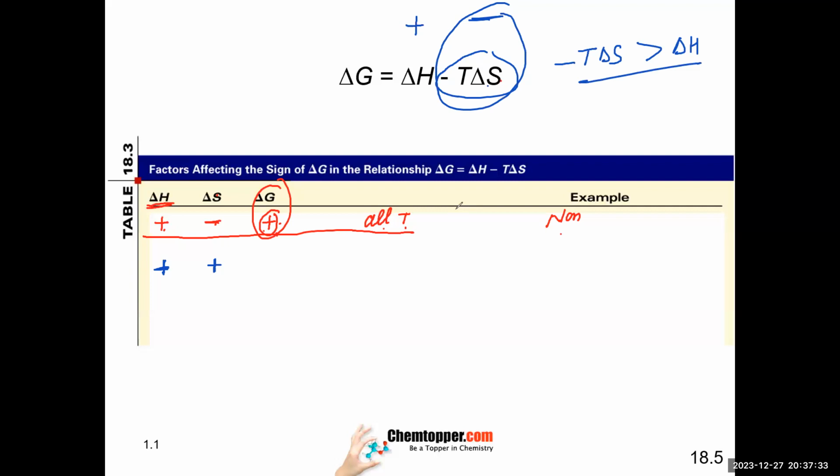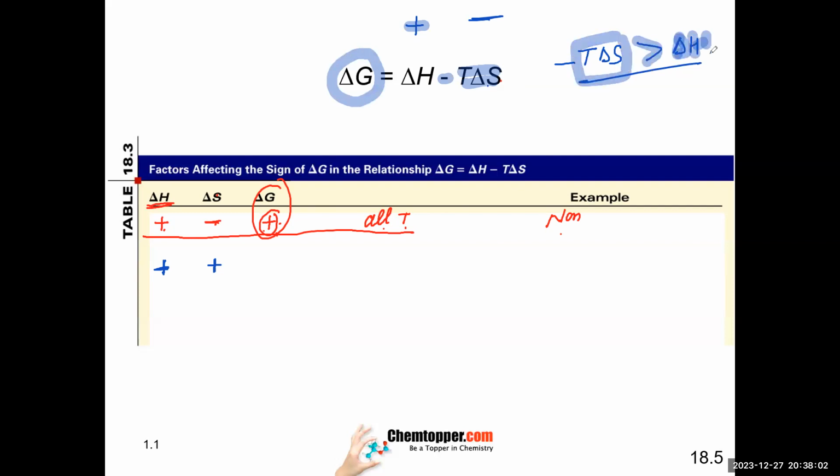Are you getting this? Sammy, you're understanding? See, this value is negative, this one. If this complete value is greater than delta H, which is positive, only then my delta G will be negative, right? But how can I ensure that this T delta S is greater than delta H? How can we ensure that? You have only one variable in hand, and that is temperature.